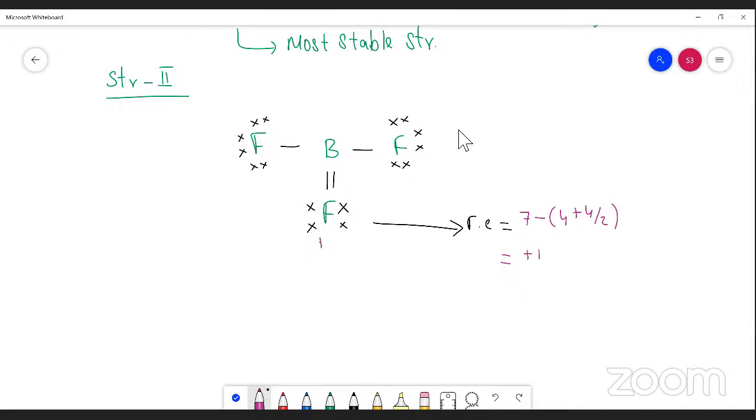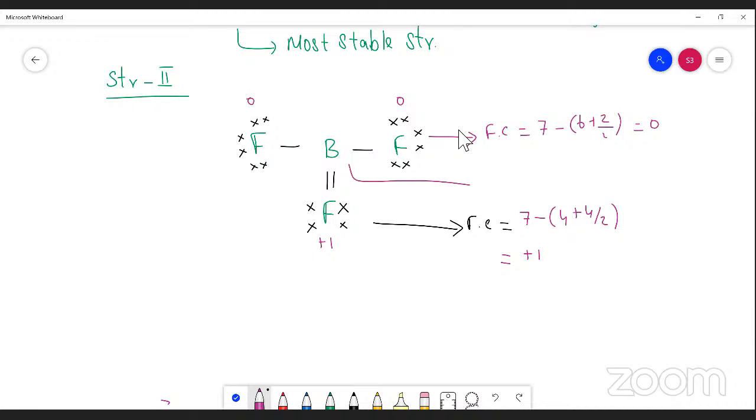So this is the plus 1 formal charge. And for this one, formal charge is equal to 7 minus 6 lone pair electrons, plus 2 by 2, so it is equal to 0. And here also the same, so it is 0.